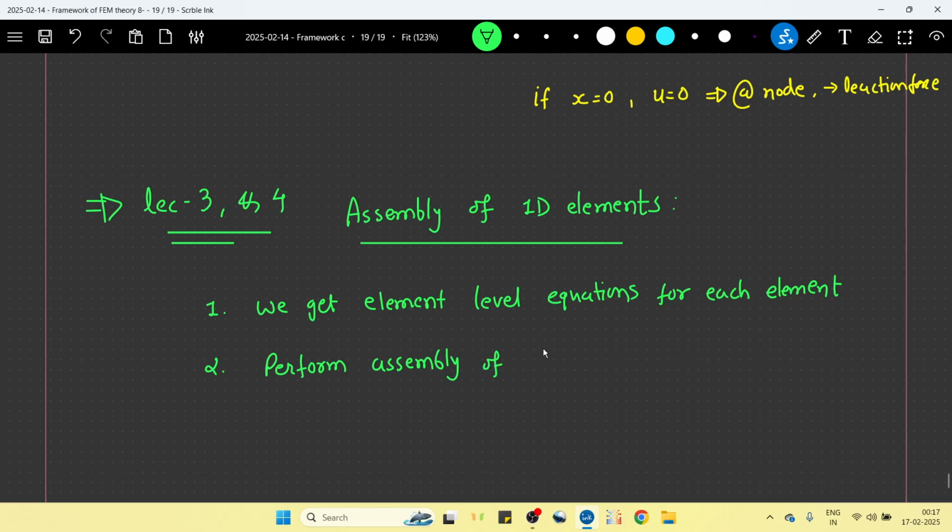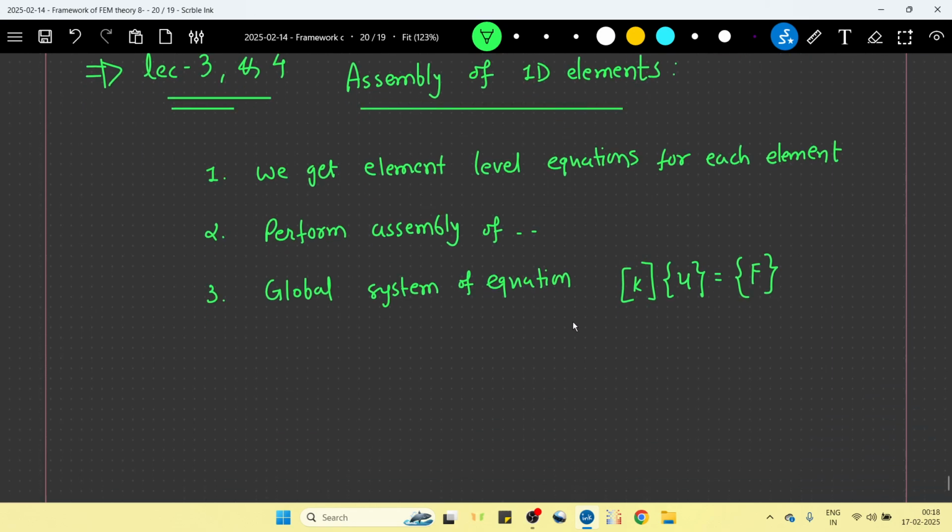When we perform assembly of these elements, we get the global system of equations, which also looks very similar to the element level system of equations: K U is equal to F. Then once we have the global system of equations, we apply loads and boundary conditions and solve the problem.